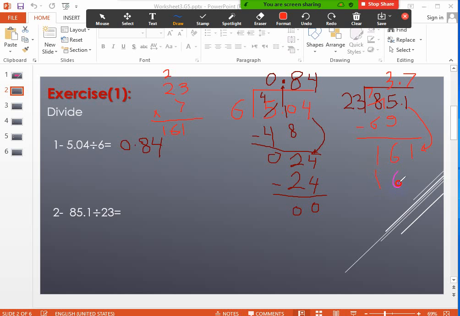Very good. So then the same number. Now if we subtract, the remainder will be what? Very good. That means the quotient will be 3.7. Thank you, Emma. Thank you, dear.